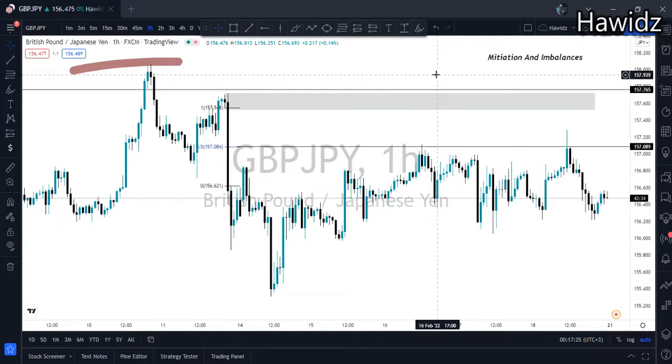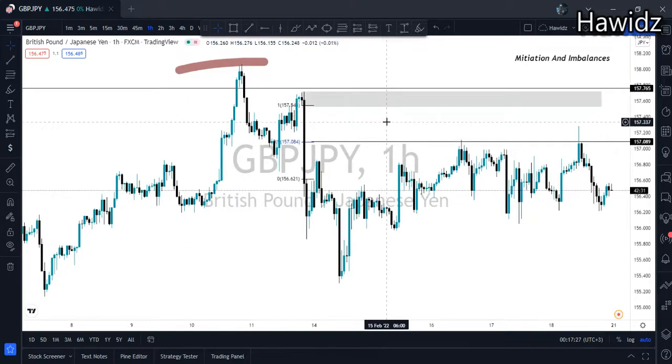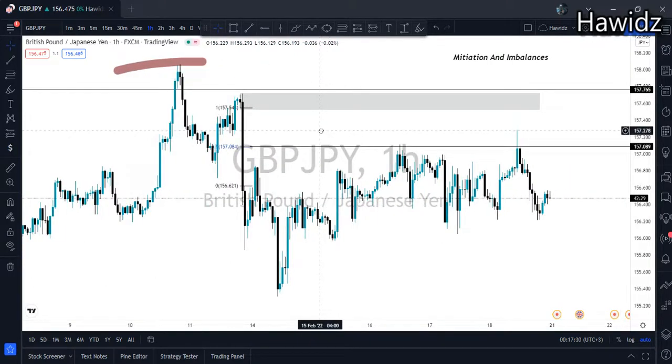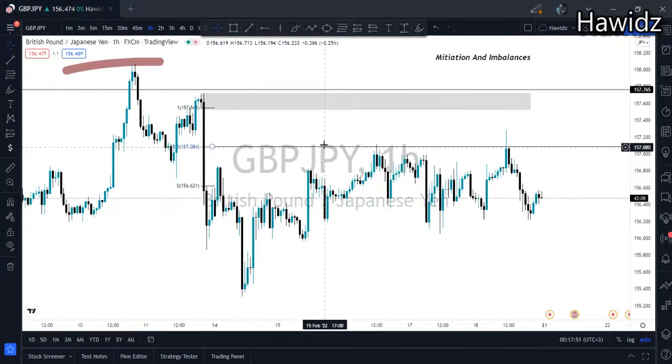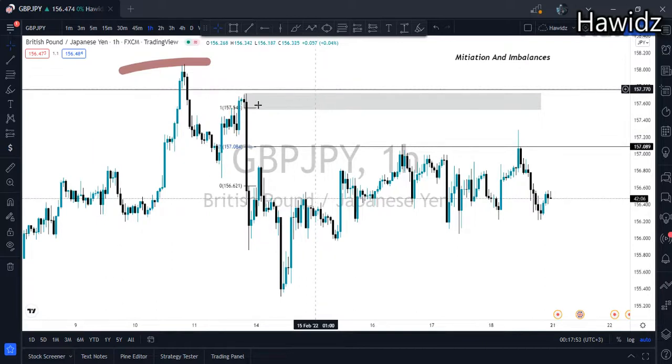So that being said, based on your risk appetite, you can either choose to trade from the original supply zone, like this. I mean the S&D zone, whether a supply zone or a demand zone, or you can choose to trade from the 50% mitigation of the imbalance left below or above that supply or demand zone.